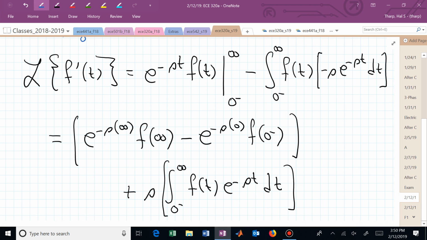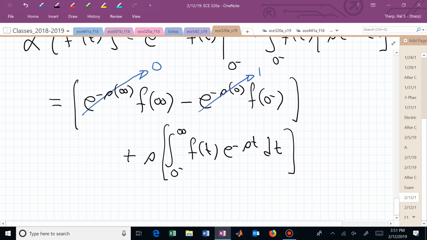We said that f of t itself was Laplace transformable, which means it's well behaved. It has a bounded value at infinity, and we're now looking at e to the minus s infinity. What does that do? That vanishes. What about e to the 0? That's 1.